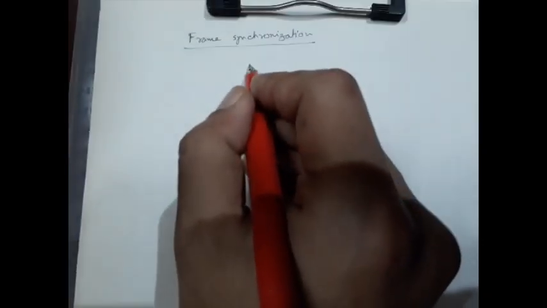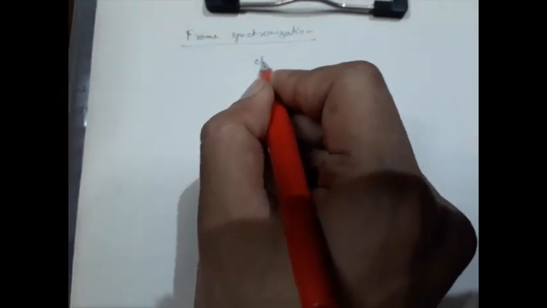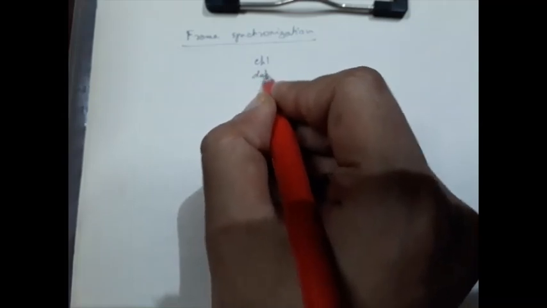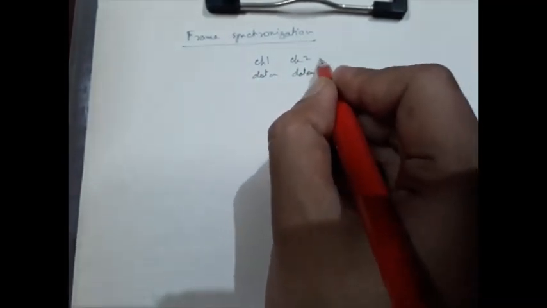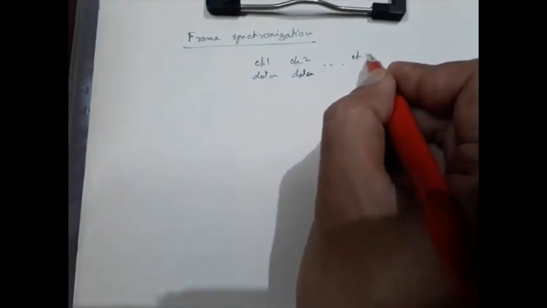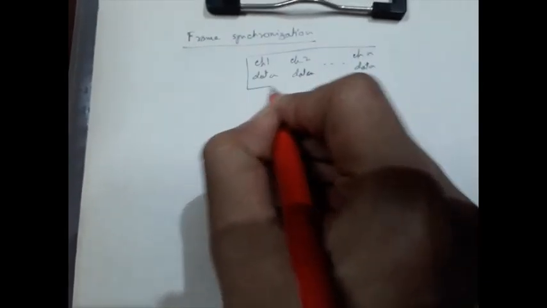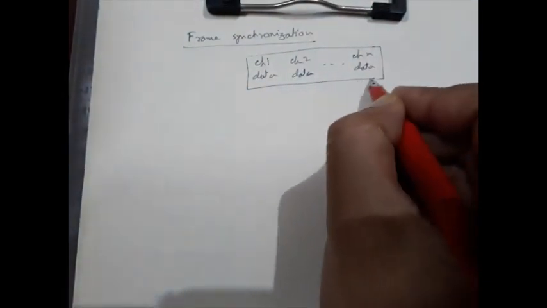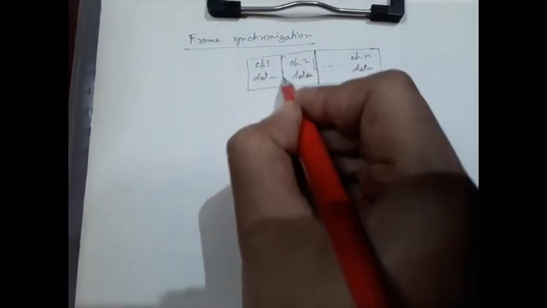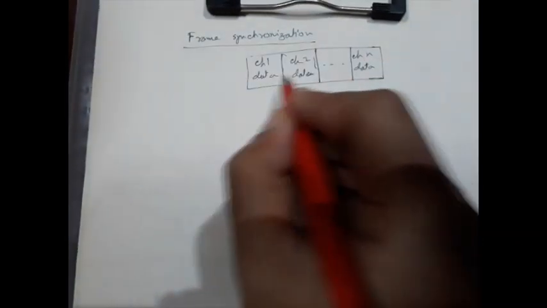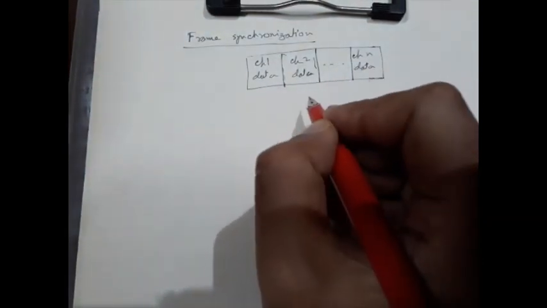So if we consider that we have a number of channels, say channel 1 data, then channel 2 data, and so on, up to say channel n, we will produce a block of data consisting of channel 1, channel 2 and channel n.